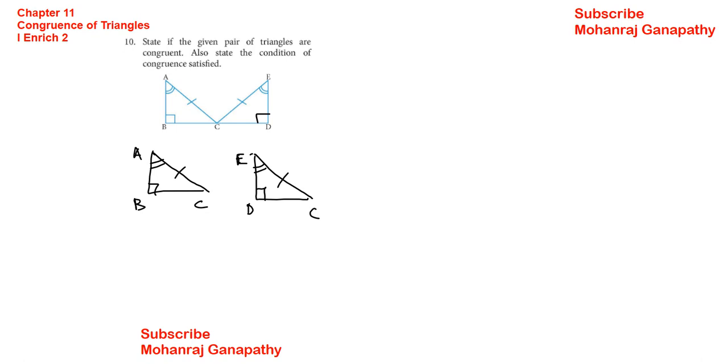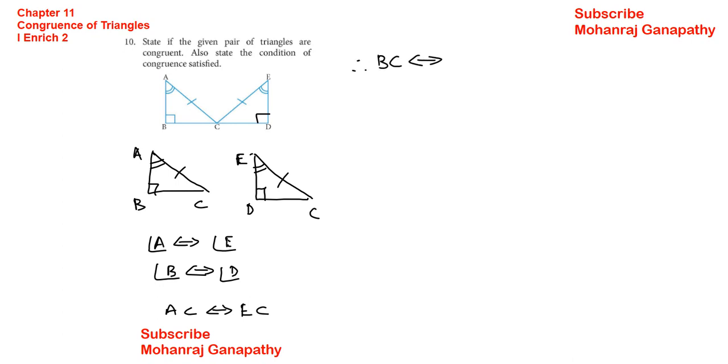By RHS criterion, angle A corresponds to angle E, angle B corresponds to angle D, AC is hypotenuse which corresponds to EC. Therefore, BC corresponds to DC. By right angle hypotenuse side criterion, they are congruent.